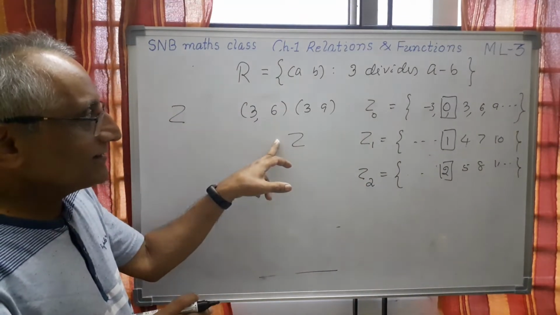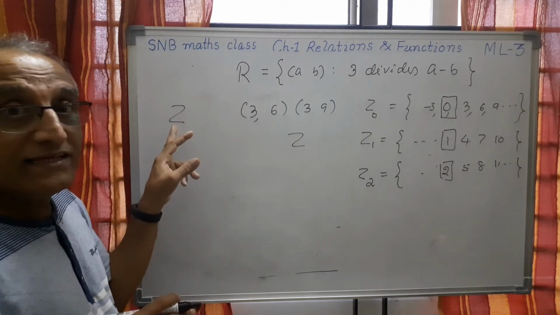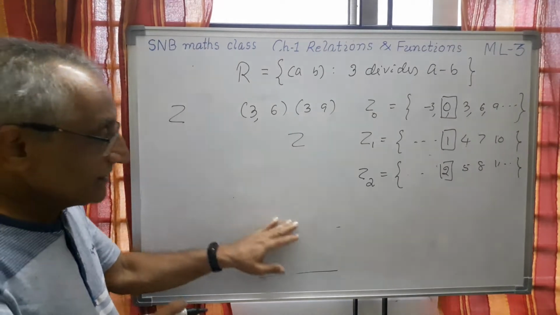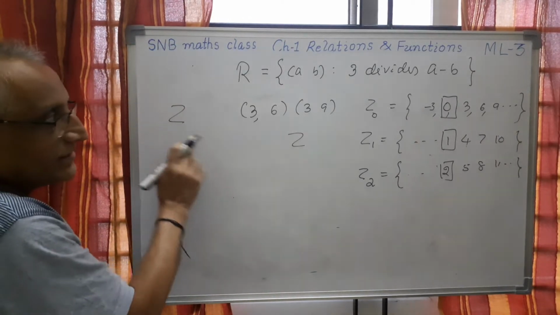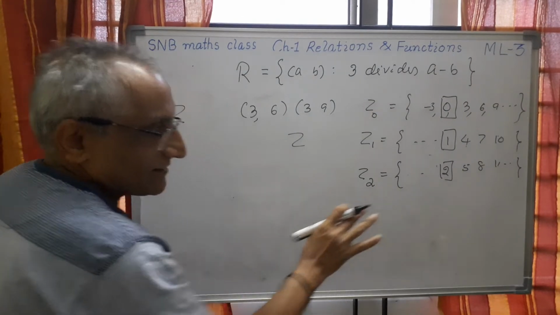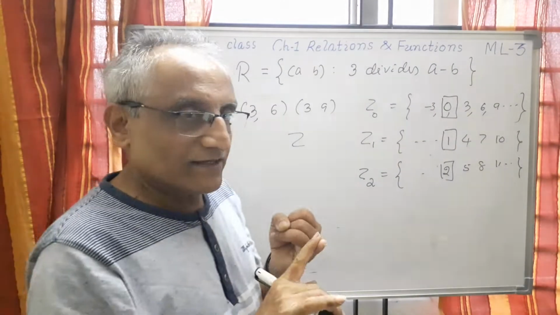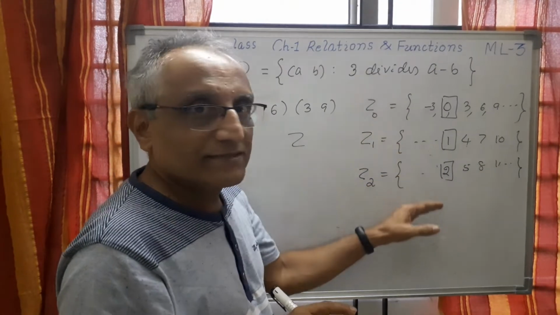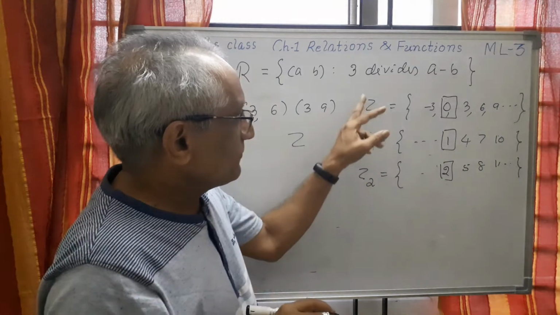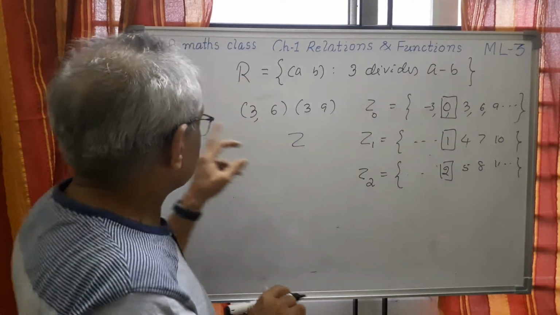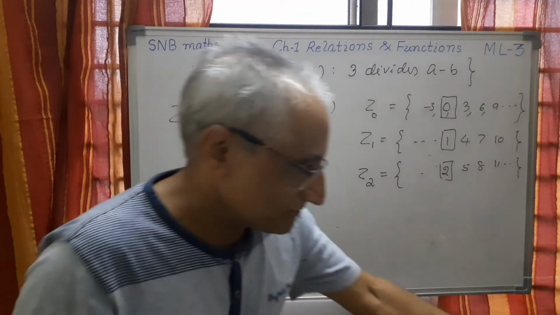So actually this is the property of any equivalence relation. An equivalence relation divides the set, given set, into subsets satisfying two conditions. First one is all the subsets are mutually disjoint. Second one is when you make the union, that will give you Z. So this is the thing.